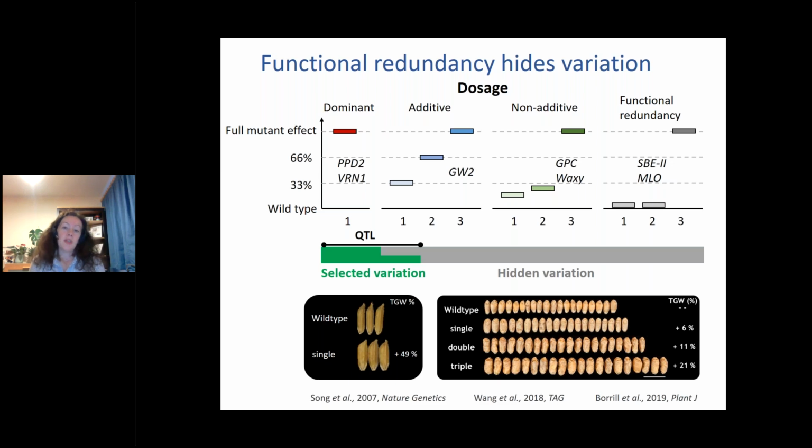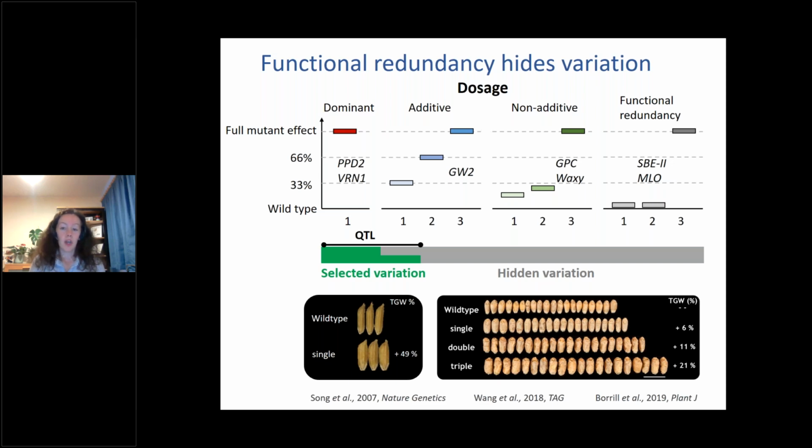But the consequence of this is that because we can only detect mutations or variation within homologs that fall within genes that have dominant or additive effects, we have a huge proportion of genes in the wheat genome that potentially have hidden variation that we haven't been able to tap into in wheat breeding to improve the wheat crop.